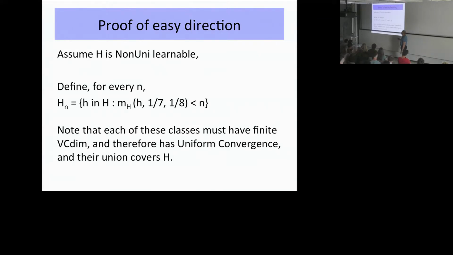So I look at all the h's such that, if h is here and I put in these epsilon and delta parameters, I can handle it with at most n examples. Now I need to show you two claims. First of all, that the union of those classes will give me all of H. Why is that the case? Why will the union of all of those H_n give me the full H?